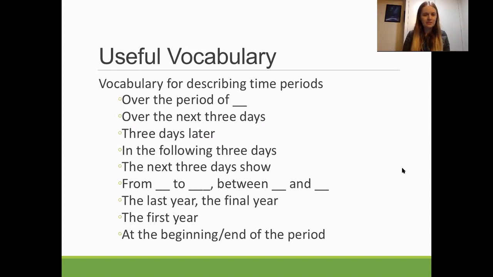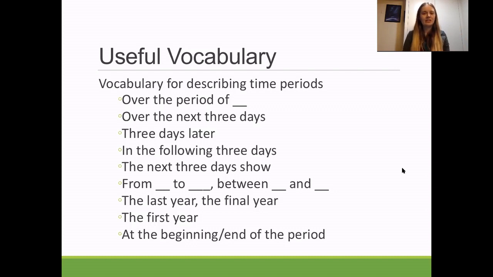In the following 3 days, the next 3 days, from Monday to Friday, between this time and this time, between this year and this year, things like that.